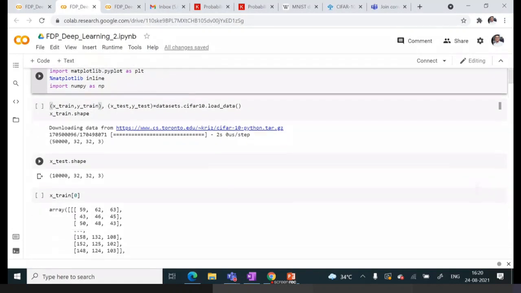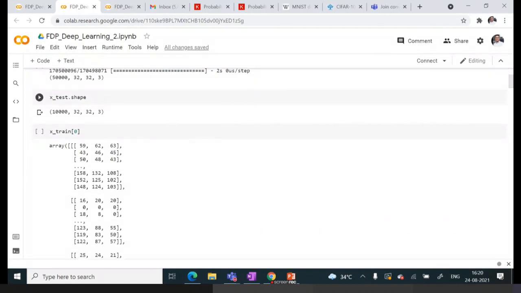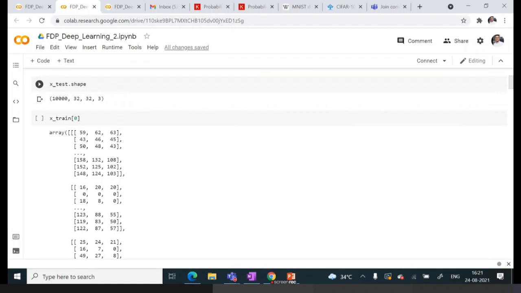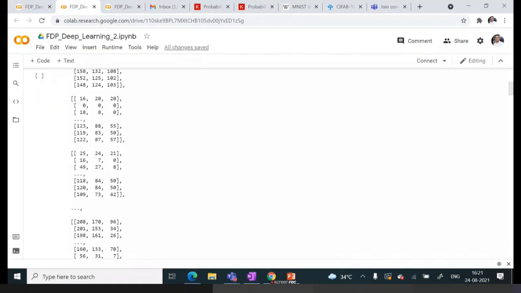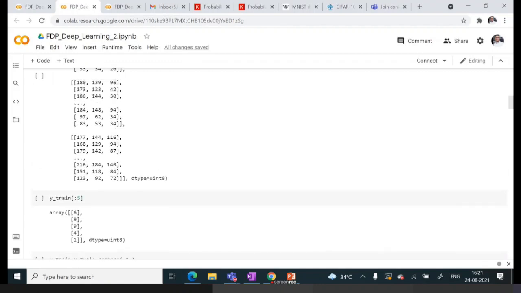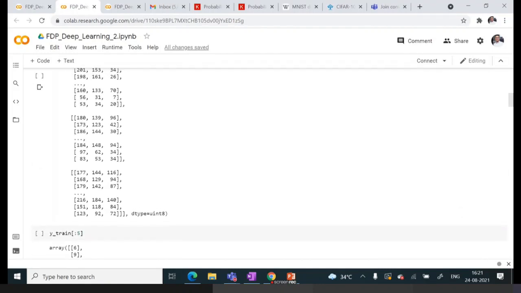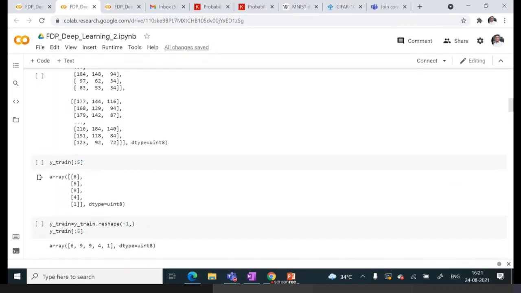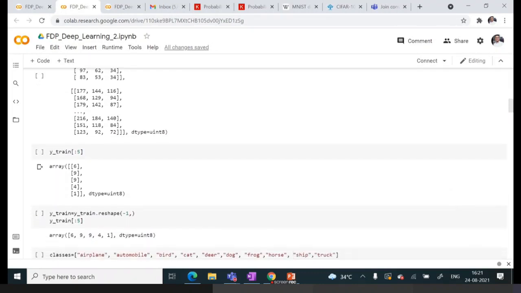Since there are 3 channels corresponding to R, G, and B, if you print the first image, it will look like this: 32 cross 32 cross 3. So it's a 3-dimensional array, and the corresponding labels are also listed like this: 6, 9, 9, 4, 1.